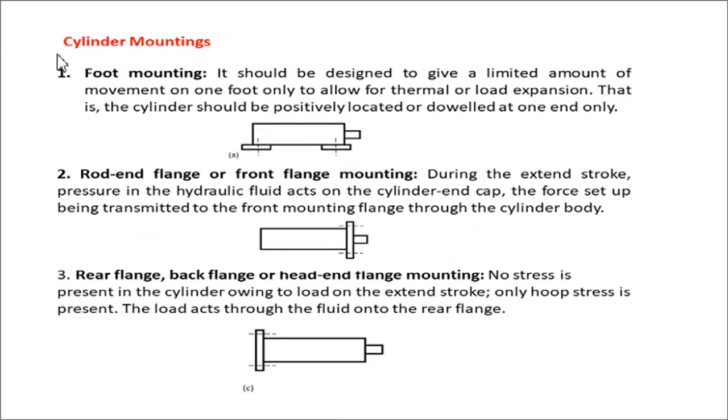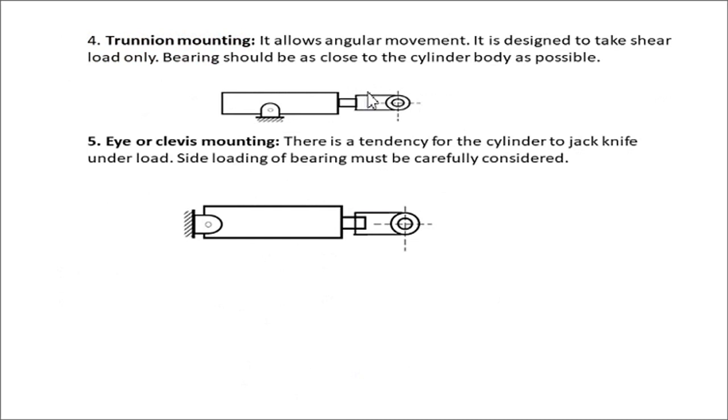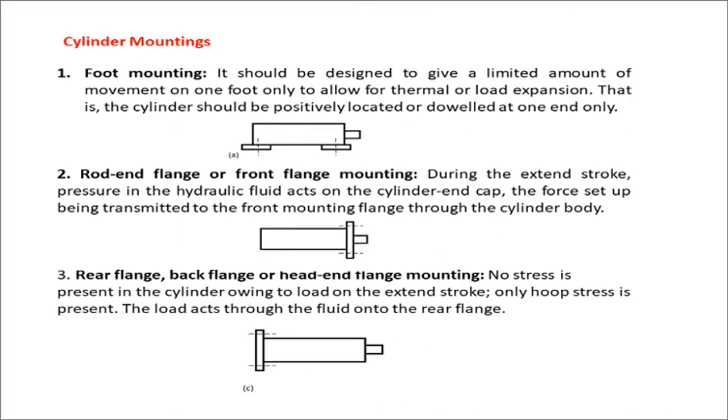One more point is remaining, that is cylinder mounting. There are different types of mounting by which the cylinder is installed on a hydraulic machine. Foot mounting, where this is a diagram for a foot mounting. Then rod flange mounting, rear flange mounting. This is a trunnion mounting, which is usually used in hydraulic machines when a mobile application is there or the cylinder rotates along a vertical plane. And clevis mounting. Why are these different types of mountings covered?